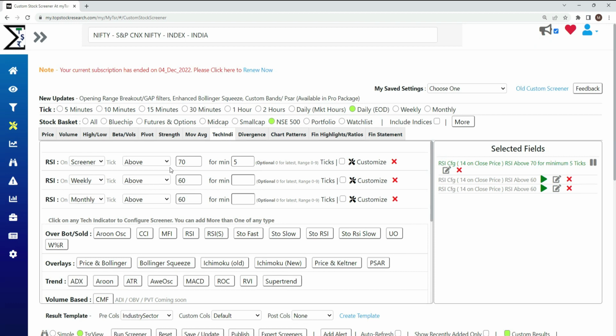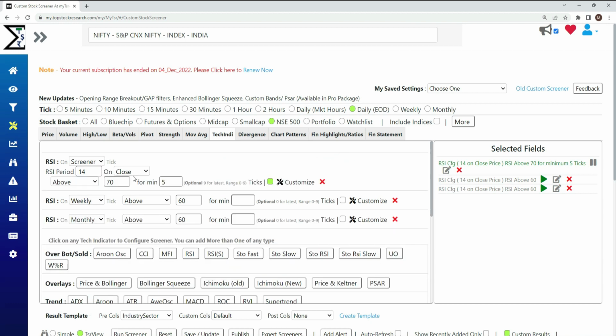That level of flexibility, the DIY screener does it. So once you understand RSI, there's a much better way where you can optimize your RSI settings. Even though the standard settings that we discussed are 14 on close, 70 and 30, different stocks, different markets, different industries behave in different ways. Some are more volatile, some are more trending, some are more defensive.